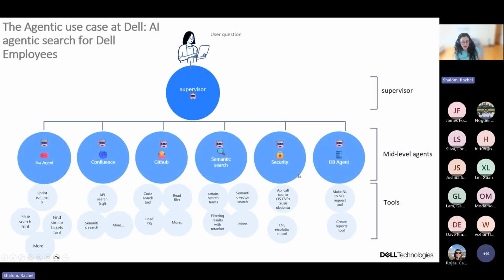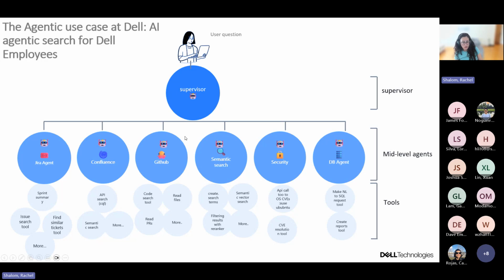We have some security agents that make API calls to OSs like SUSE and Ubuntu. And the DB agent, which is a bit experimental, can make SQL queries to databases at Dell.